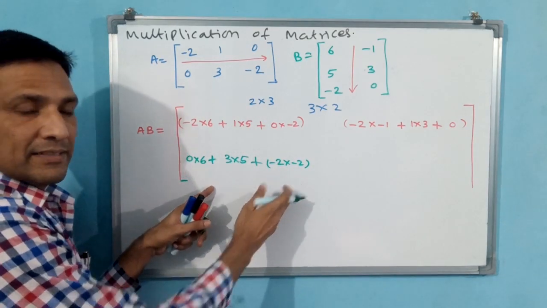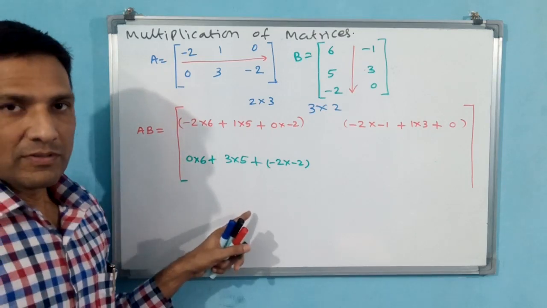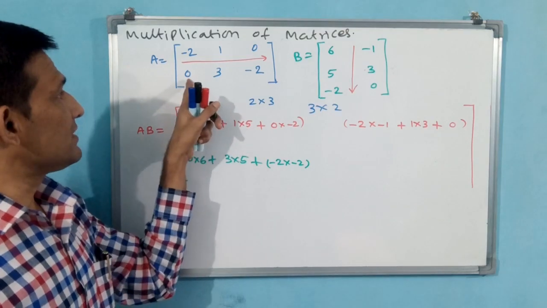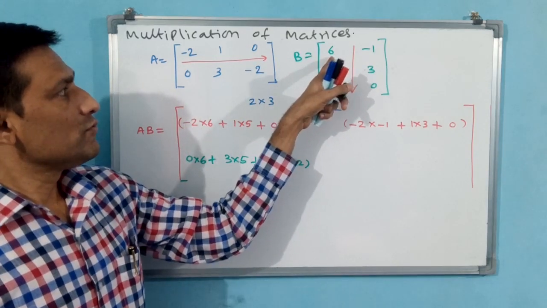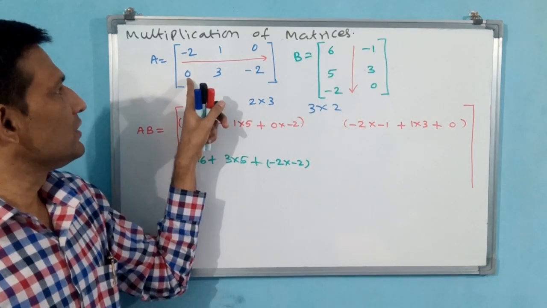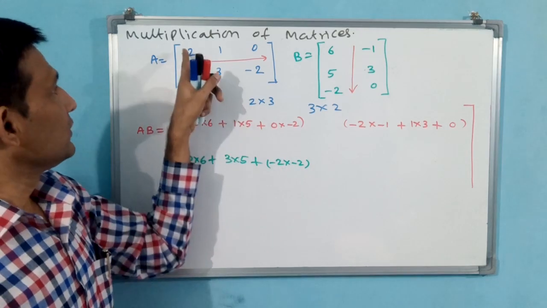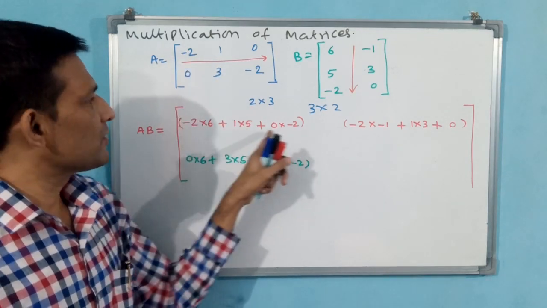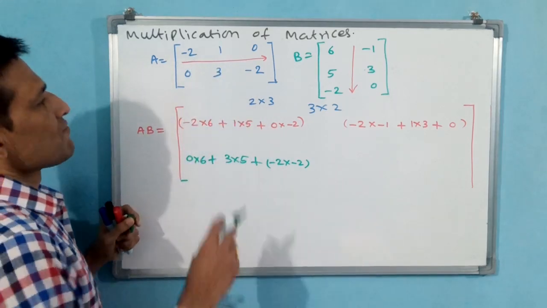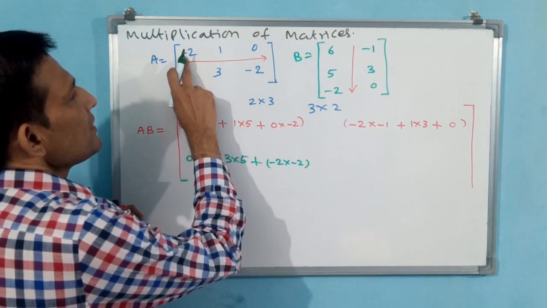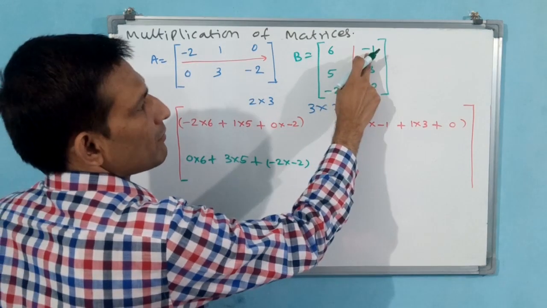Okay. Now what we have done? We have written this in second row, first column. You see, this is second row, first column. All have come in second row, first column. You see, this is first row, first column. All have come in first row, first column. First letter operation, there it will come. Okay. Now here you see first row, but second column.